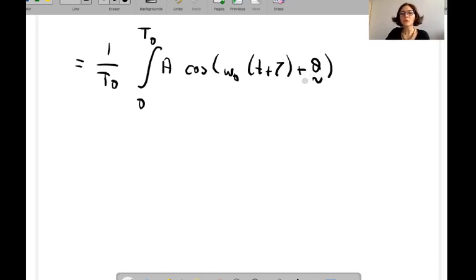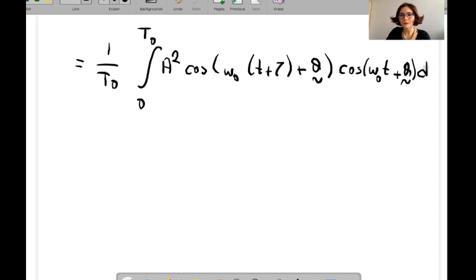Then we have to write x of t, but x of t is a cosine of omega 0 t plus theta. So A is already here, so we just put a square to add the second A, and then write the rest of the term: cosine of omega 0 t plus our phase term, theta, dt.